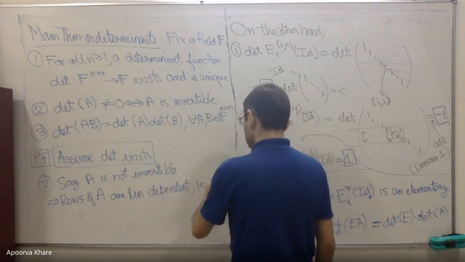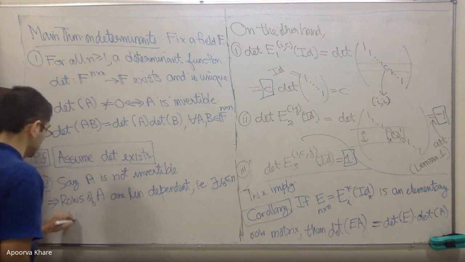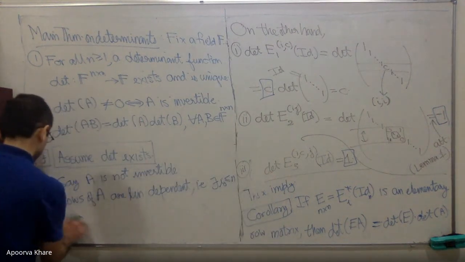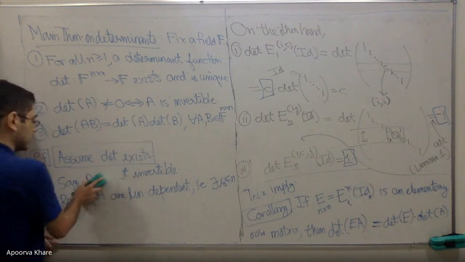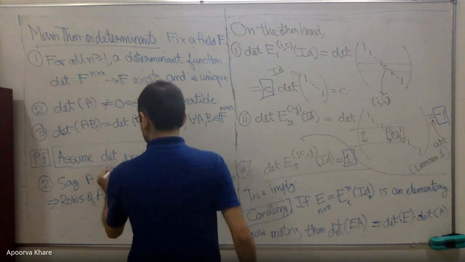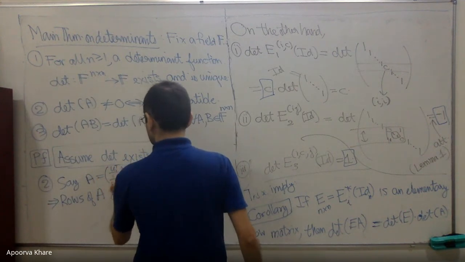That is, there exists i naught less than or equal to n such that, let's say A equals, again, the usual u1 transpose, dot dot dot, un transpose, is not invertible.